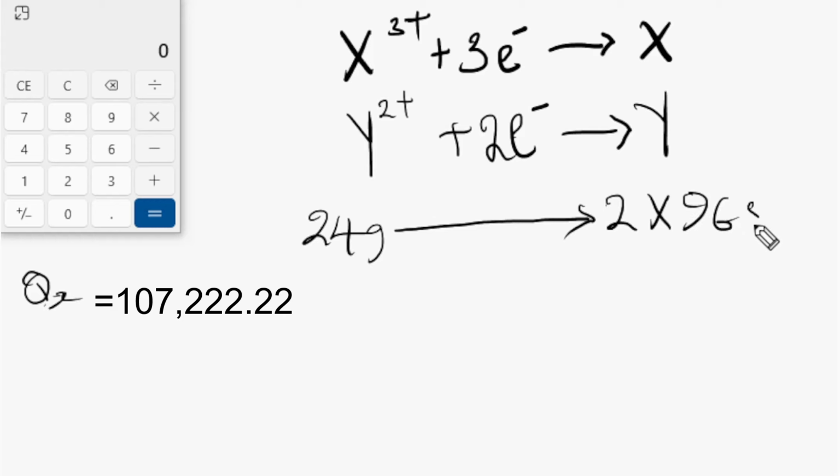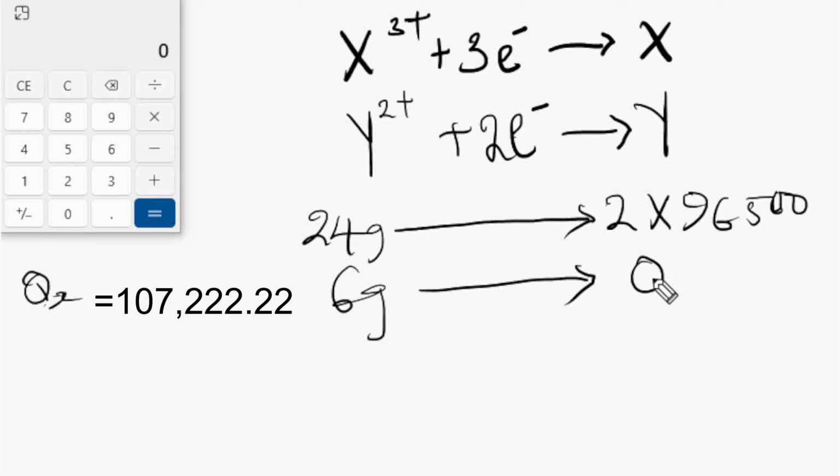That's 96,500. So if this is the case, then 6 grams of the Y, as given in the question, will require what? So let's also call this charge for Y. So let's go ahead and multiply out.